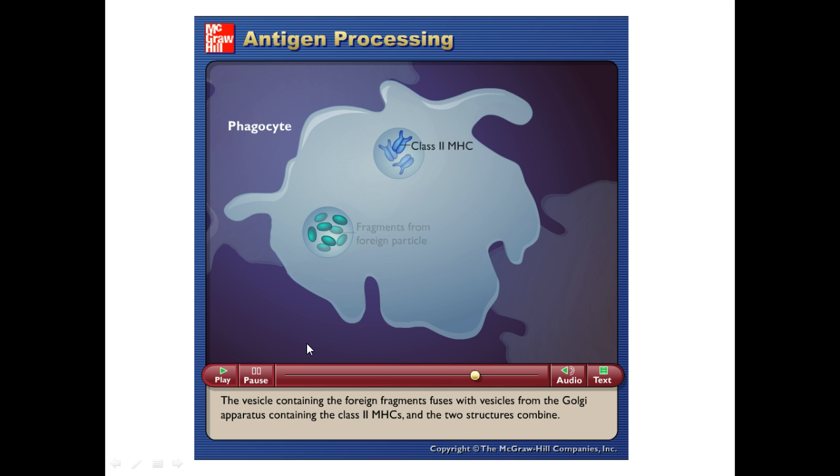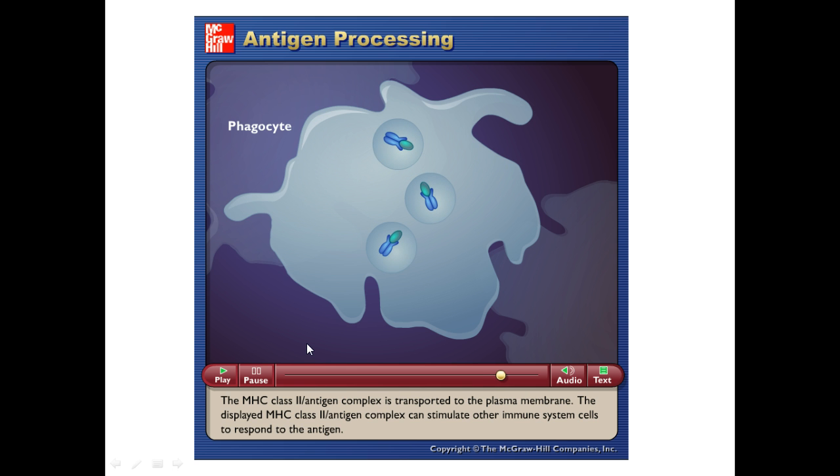The vesicle containing the foreign fragments fuses with vesicles from the Golgi apparatus containing the class II MHCs, and the two structures combine. The MHC class II antigen complex is transported to the plasma membrane. The displayed MHC class II antigen complex can stimulate other immune system cells to respond to the antigen.